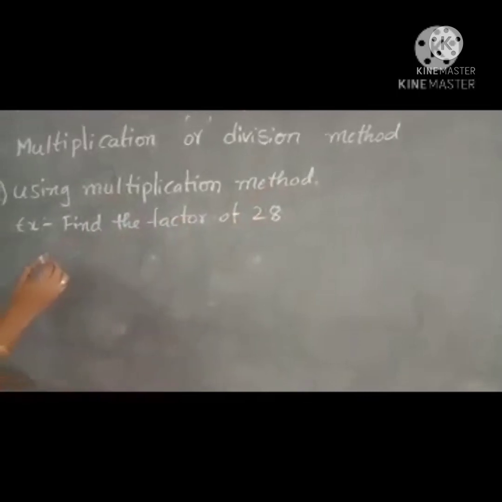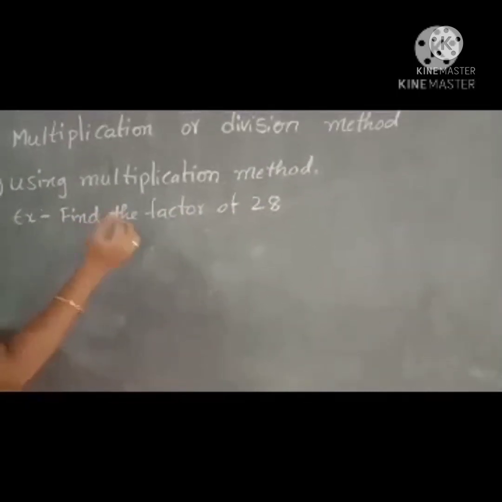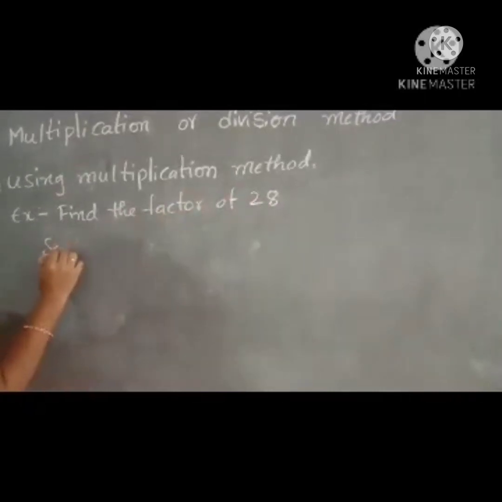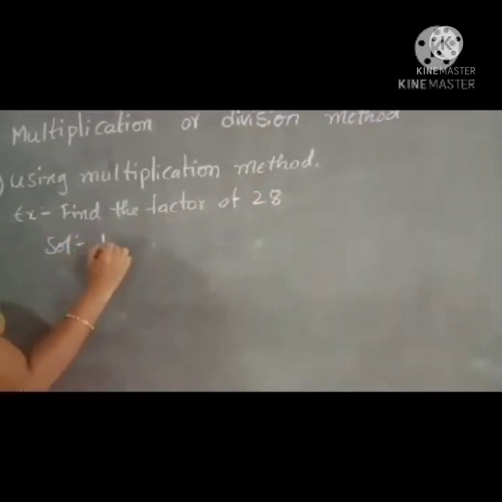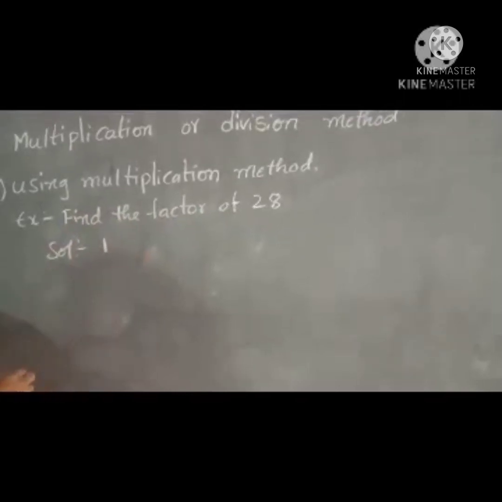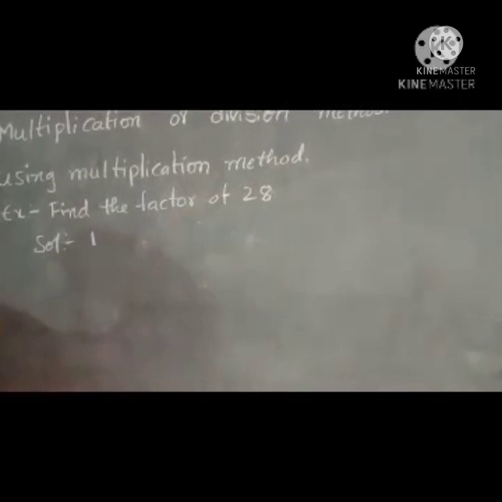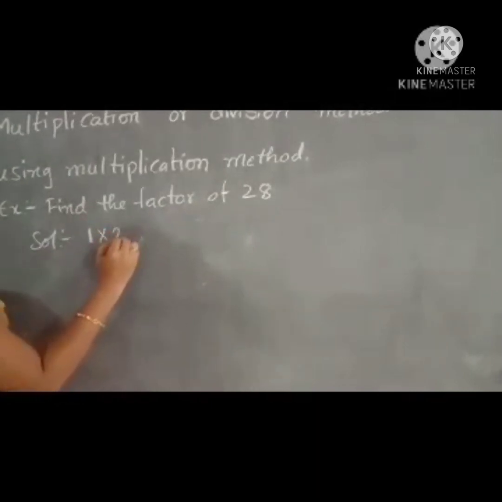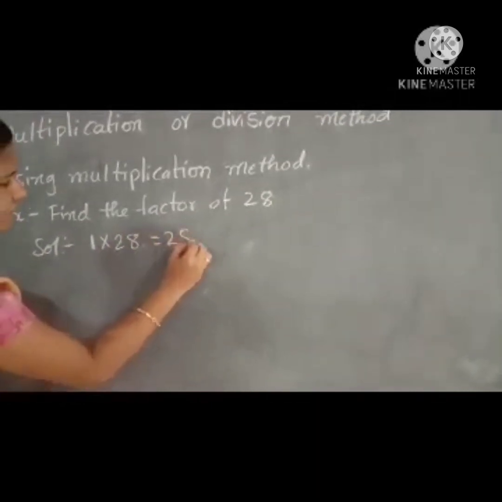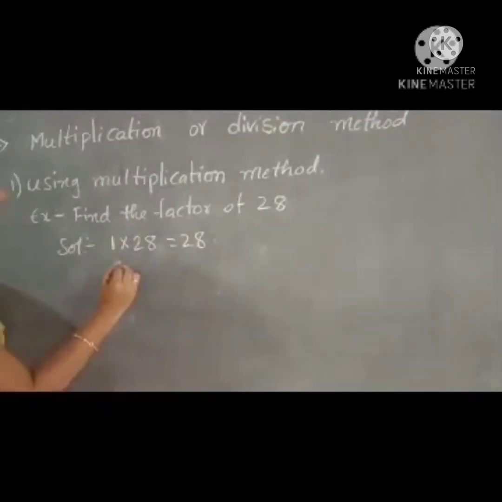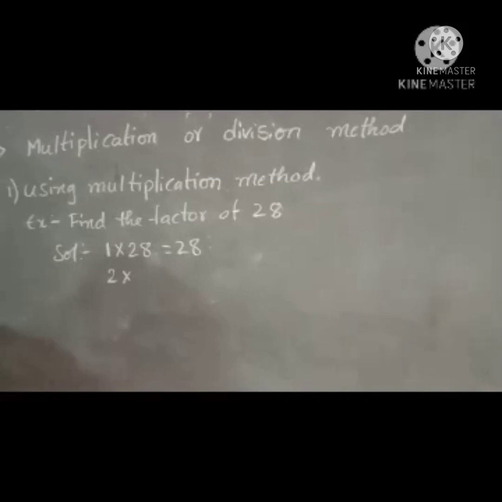Multiplication method means we are doing multiplication here, but the product is 28 only. See the solution. In one table, is 28 there or not there? Children, tell. Yes, it is there. 1 into 28 is equal to 28. Next, in two table, is 28 there or not there?